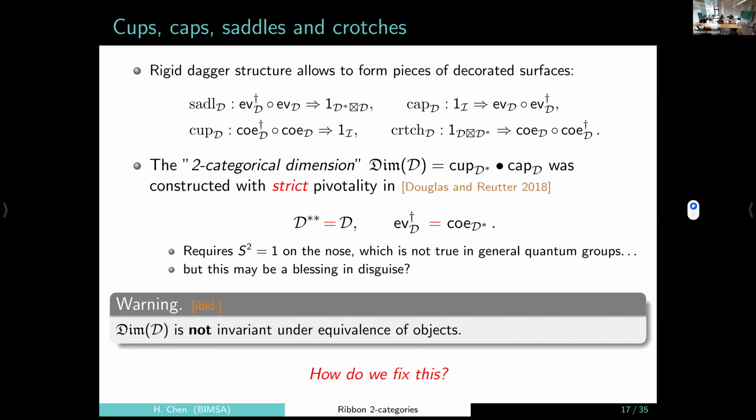If you just think of your underlying pivotal two category as a two category, and you take pi 0, you can change the value of this within one connected component. You can do that pretty easily, actually. So how do we fix this issue, this non-invariance of the two categorical dimension?